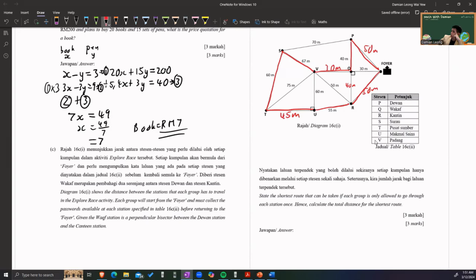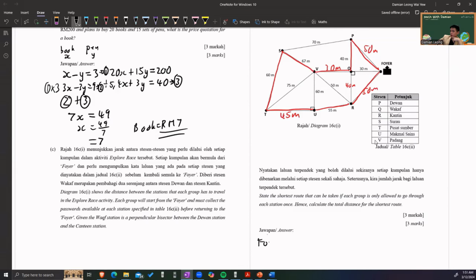It's a flowing path that goes back to the foyer. Definitely I wouldn't want to jump to S here. Wouldn't make it any shorter. So yeah, this should be the shortest path.